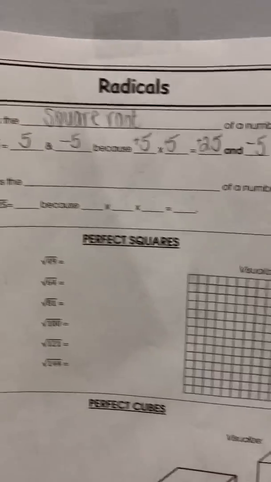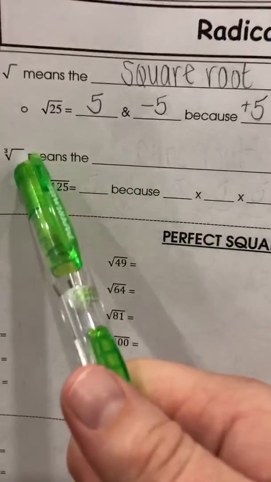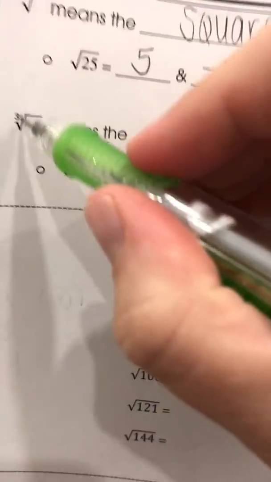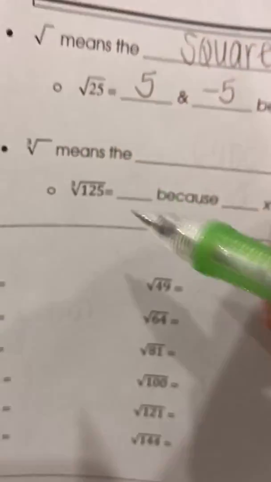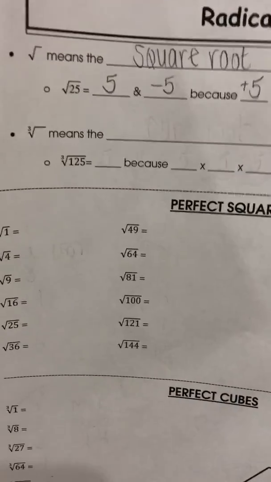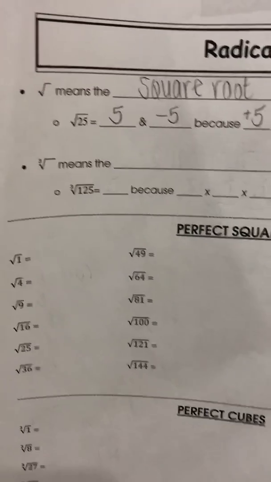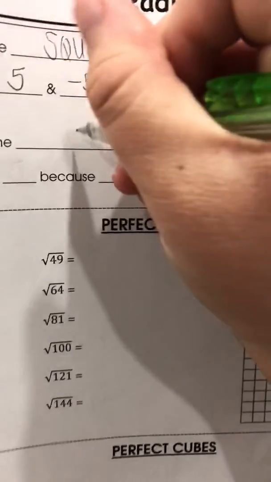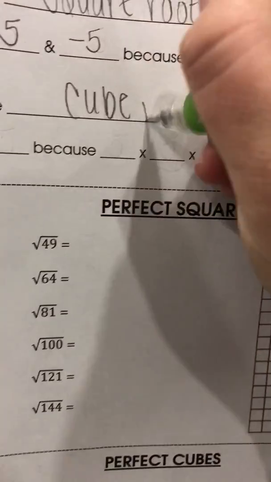Now cube root is a little bit different. A cube root looks like this. It's almost the same, but it's got a little 3 on the outside, and you're going to come to find out later in the lesson that that's actually called an index number. But for now, we're just going to know that it's a little 3, it's outside of the radical, and that means we're looking at a cube root.